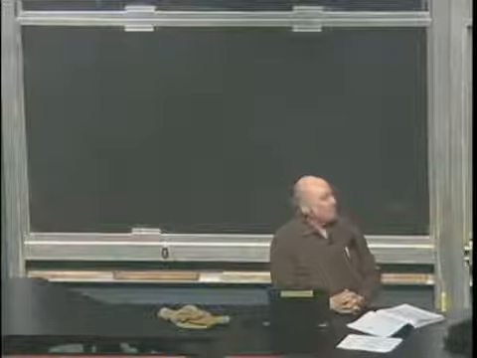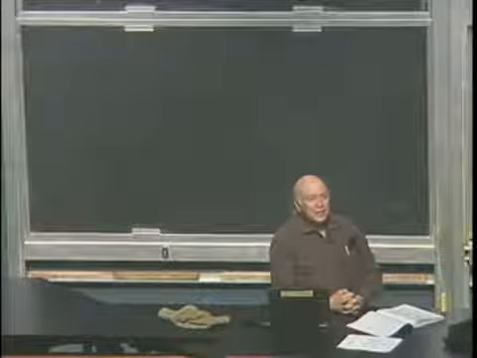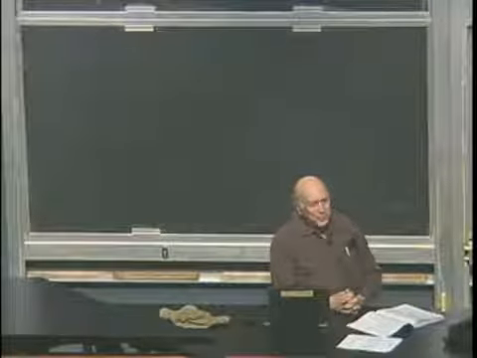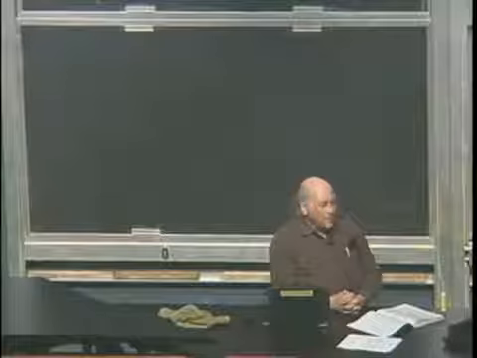Okay? So that makes the code a little bit more complicated. You have to find out which one is bigger, and if this, do this, and if that, do that. But it means you don't have a deadlock.